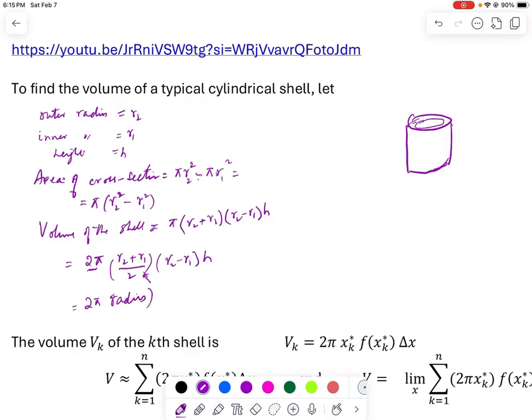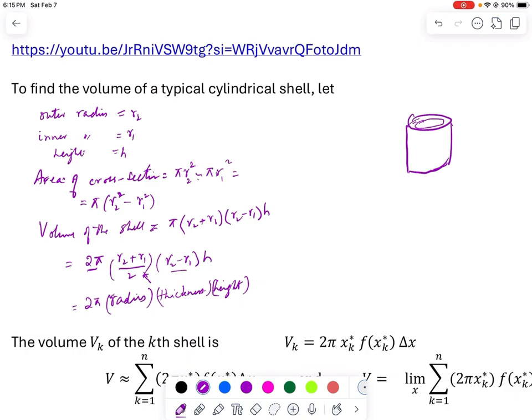This is the thickness. And this is the height. Okay, so this is what I showed you for a general case.